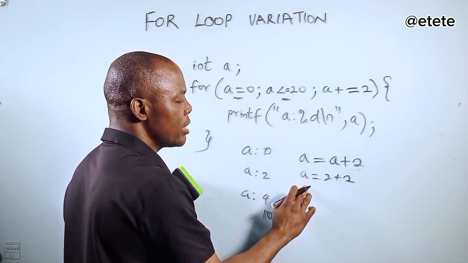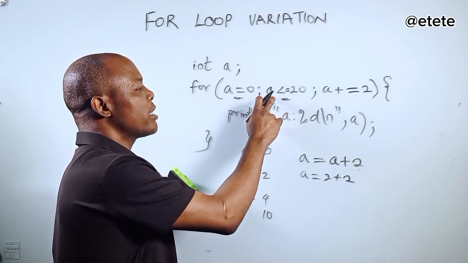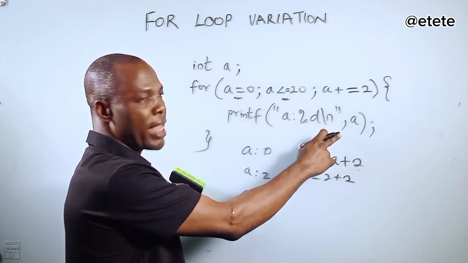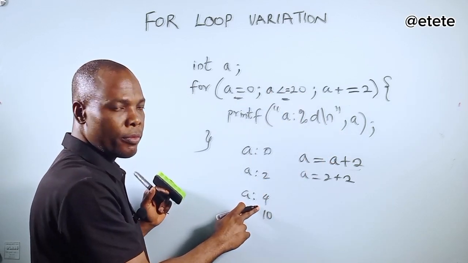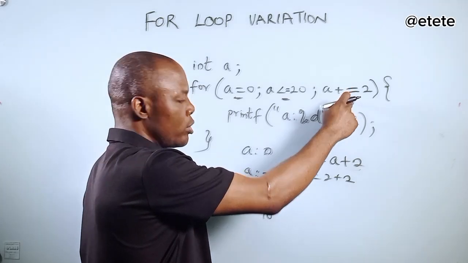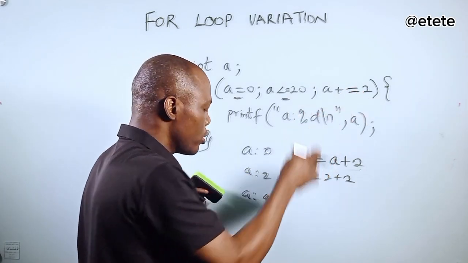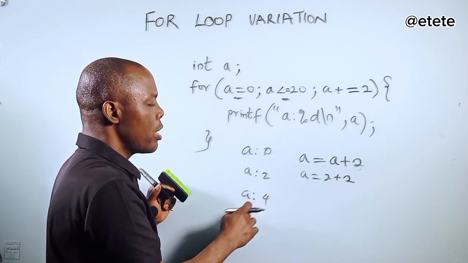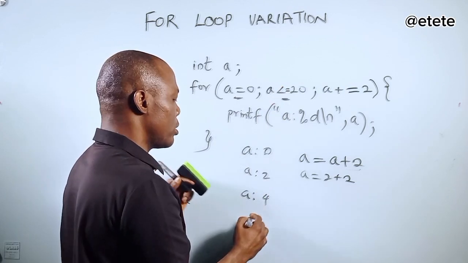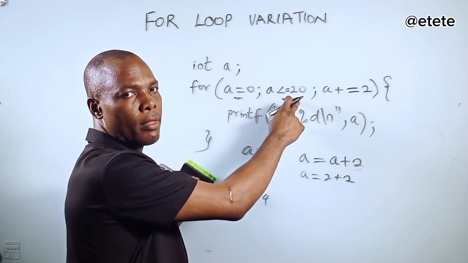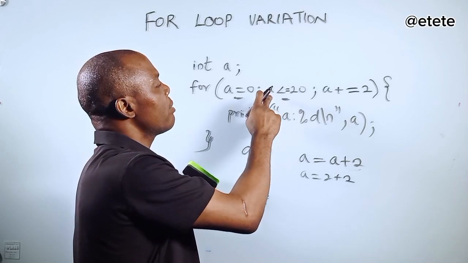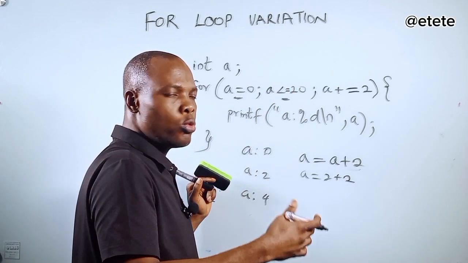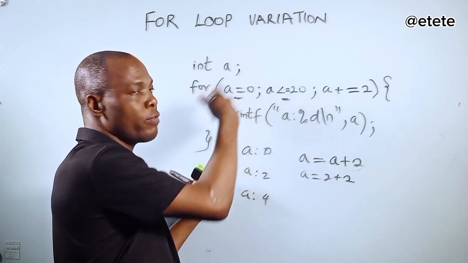You reassign it, so you test: 4 is less than or equals to 20. That is true. It will print out 4. Then it will increment, so that will be 4 plus 2. So it will give you 0, 2, 4, up to 18, and then 20. So when it now becomes 22, that will throw us and it will come out of the loop.